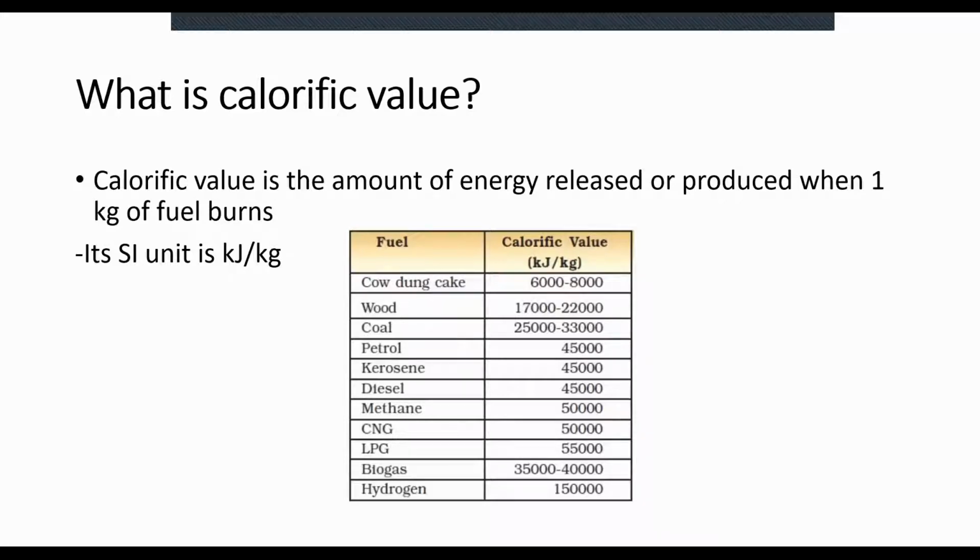You can see that when we move from solid to gaseous form, the calorific value increases, but not for biogas. Approximately we can say it is gradually increasing when the fuel form changes from solid to gas.